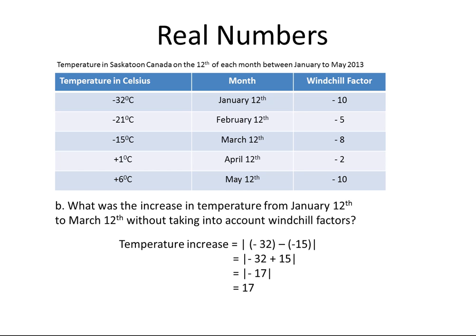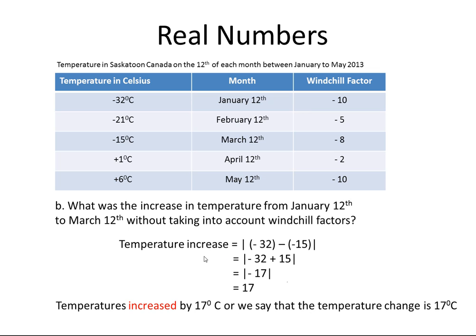Temperature increase is equal to, we use the absolute notation, and we take minus 32 subtract minus 15. We have minus 32 minus minus 15, which is equal to minus 32 plus 15, and this is equal to minus 17. The absolute value of minus 17 is 17.